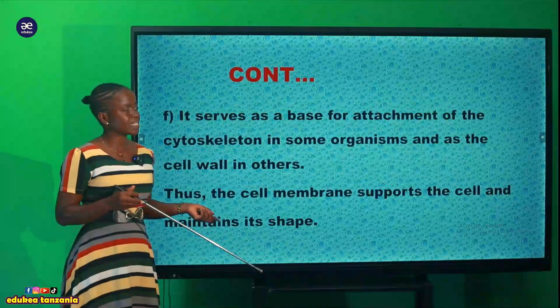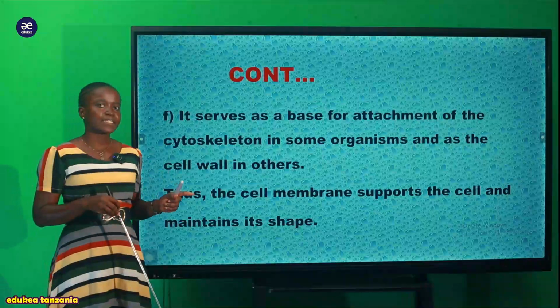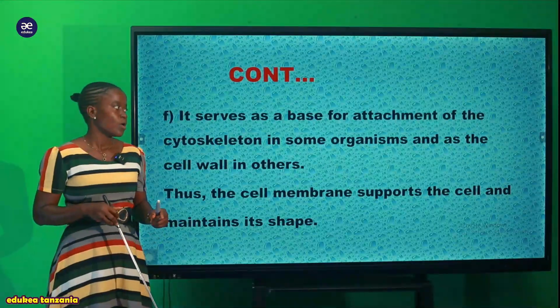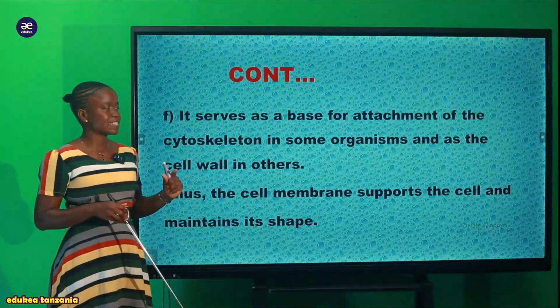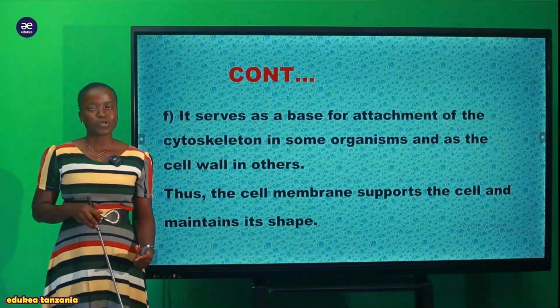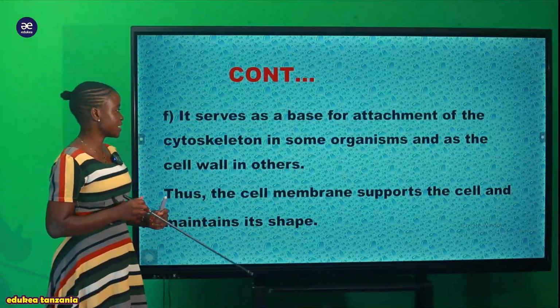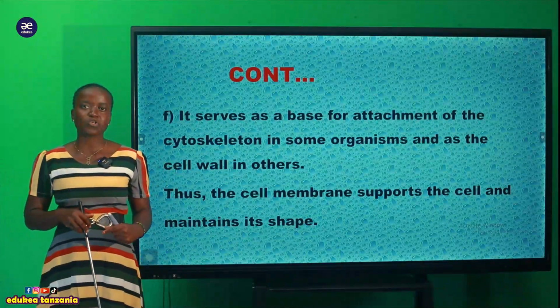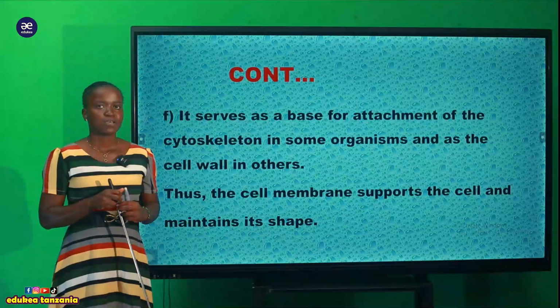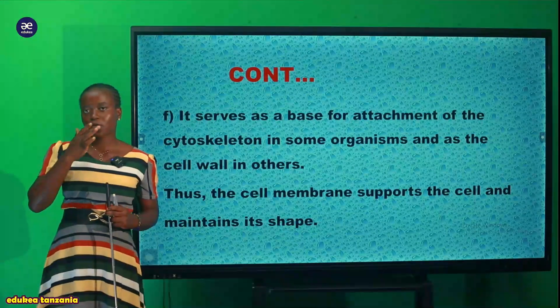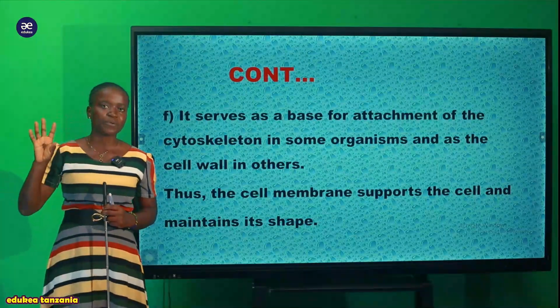Since here we have seen that this part, that is the cell wall, tumesema kwamba ina act as a cytoskeleton. So na kazi ya cytoskeleton, it tends to support and also it provides shape. So hii inakuwepo baadhi ya viumbe hai.